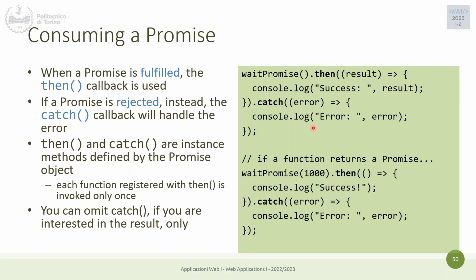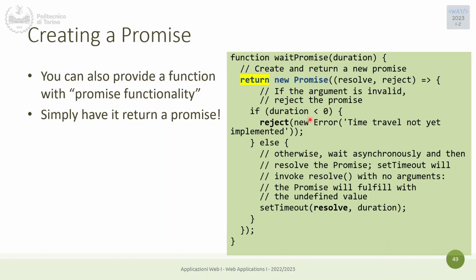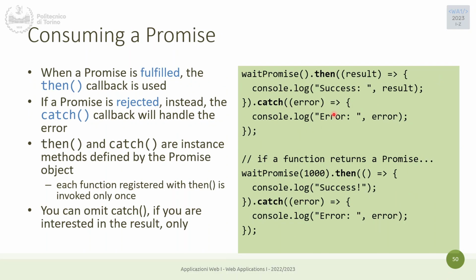Otherwise, if there is an error, so for instance, if we pass a negative value, you will have the error, and you will have this value here. So we create this error with time travel not yet implemented, so you will read error time travel not yet implemented there.